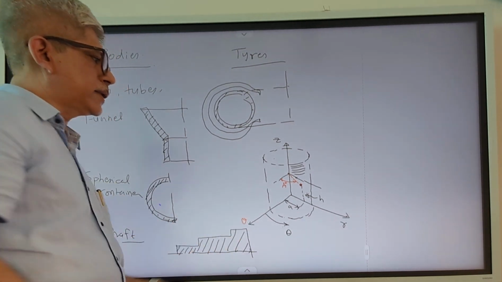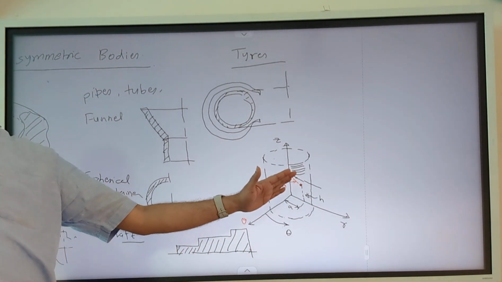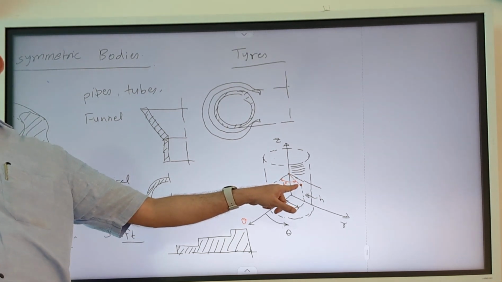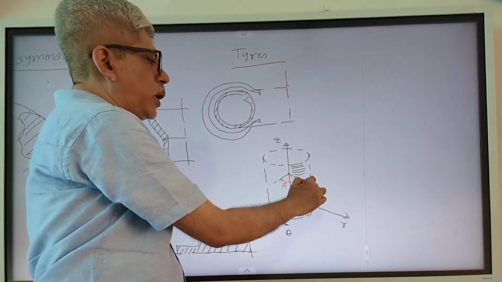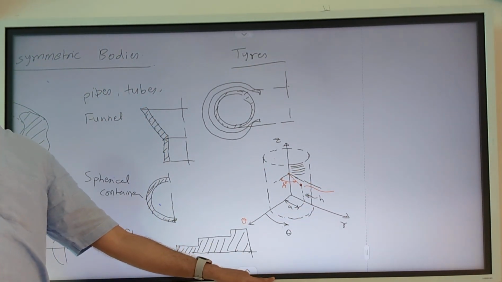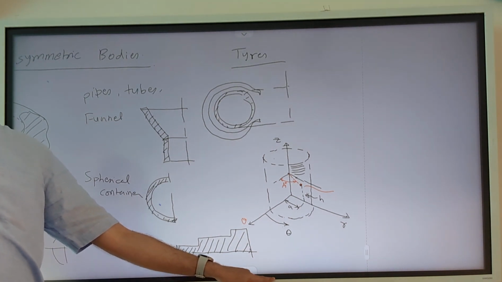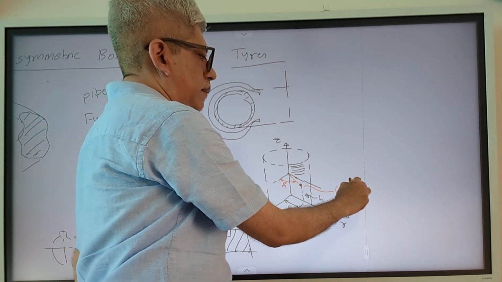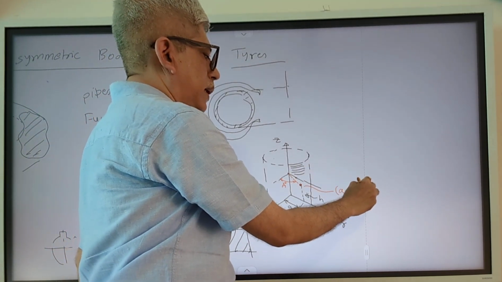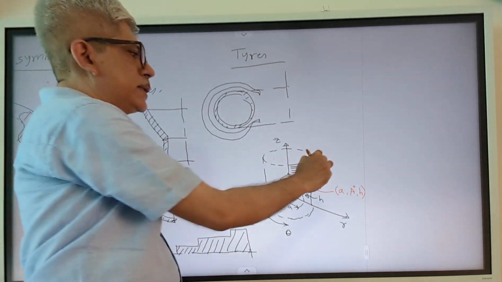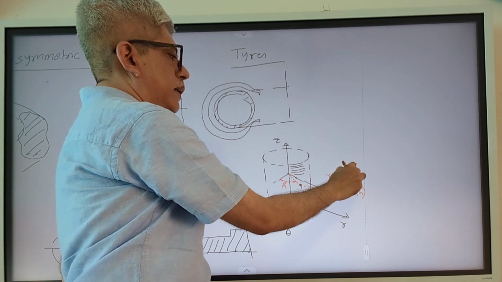This is called the theta axis. With respect to a reference theta axis, it makes an angle equal to a degrees. So what will be the coordinates of this point in polar coordinates? Small a, that's right, a degrees, and h. So it is always in the sequence r, theta, z.